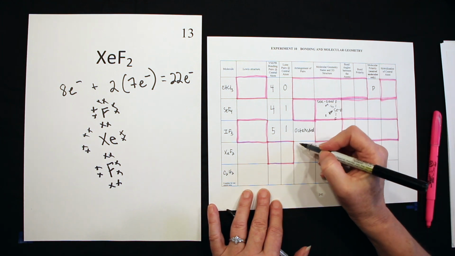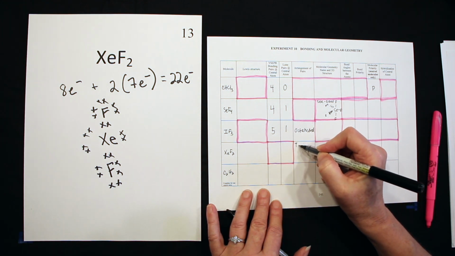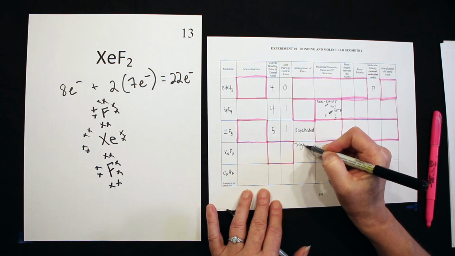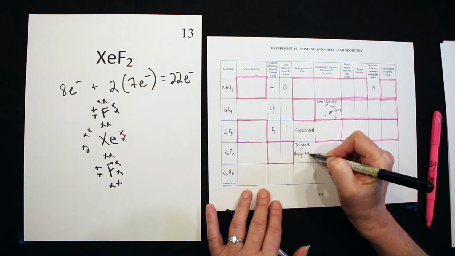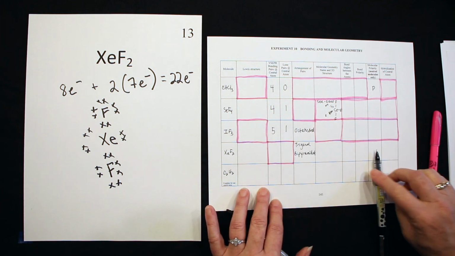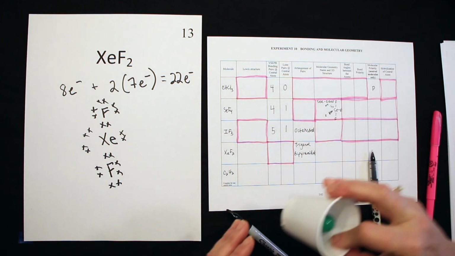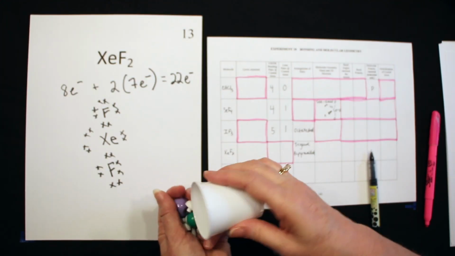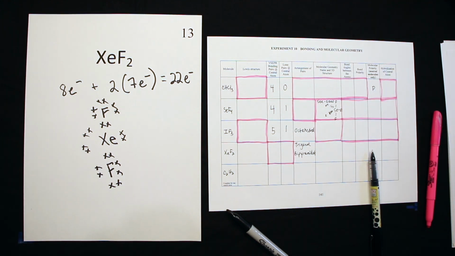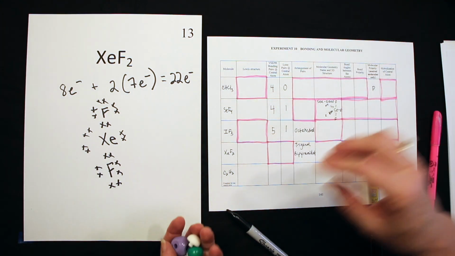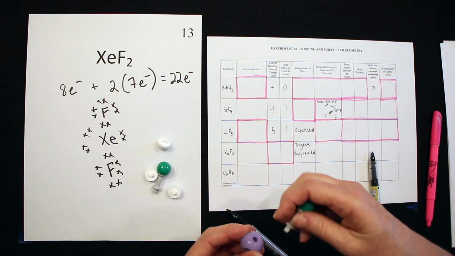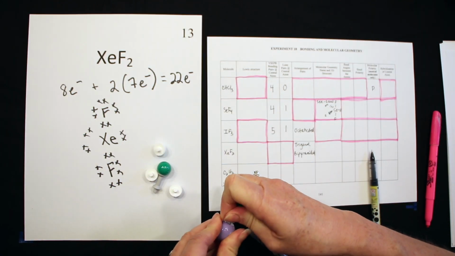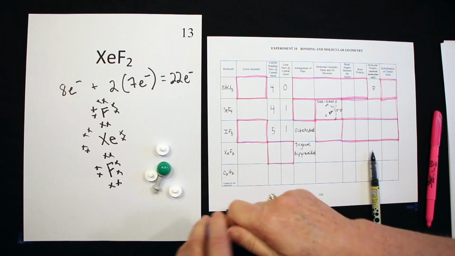This is a trigonal bipyramidal molecule. So let's build that. And for trigonal bipyramidal molecules, remember that lone pairs must go in the equatorial position.